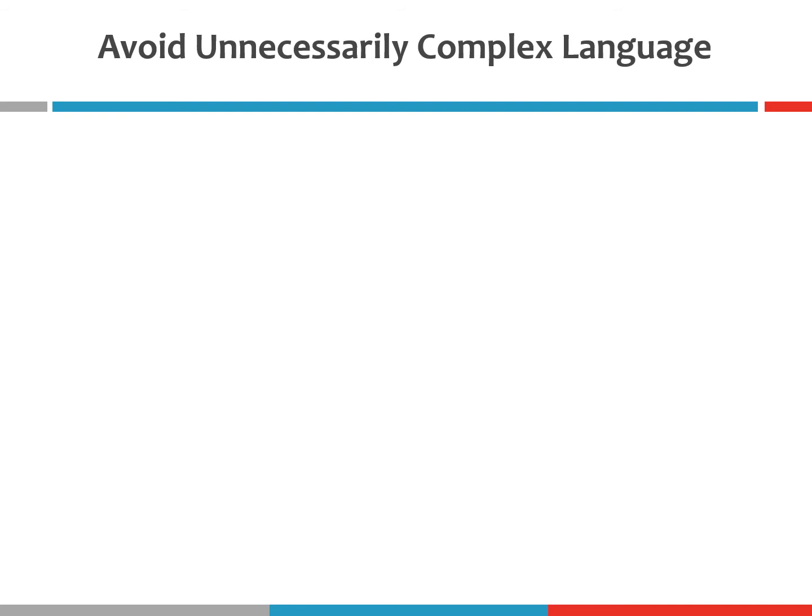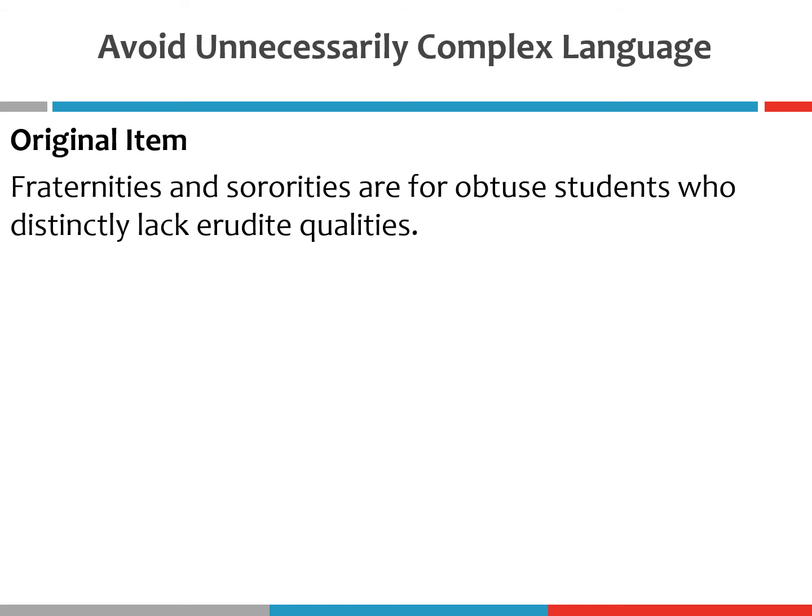On a related note, avoid unnecessarily complex language. I just want to be clear, I did not write this question, and it does not reflect my beliefs at all on the subject; it's just an example question. Fraternities and sororities are for obtuse students who distinctly lack erudite qualities.